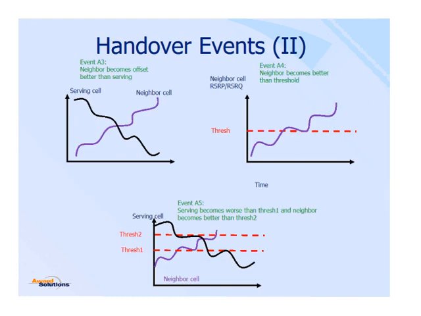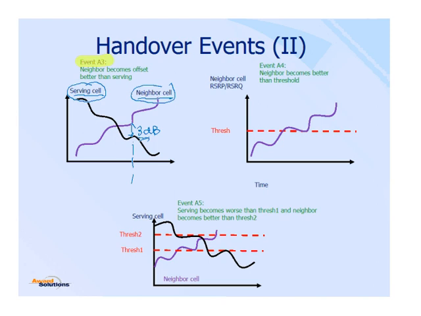Event A3 says that a neighbor is becoming better than the serving cell by some amount. So maybe if this is 3 dB, then at that point we say that event A3 has occurred, because at that time our neighbor becomes better than the currently serving cell by 3 dB.